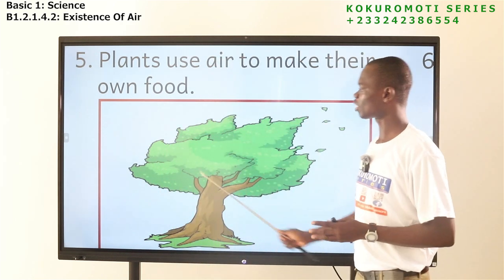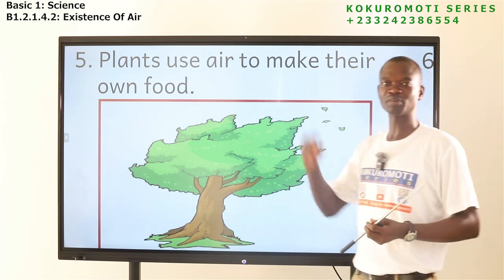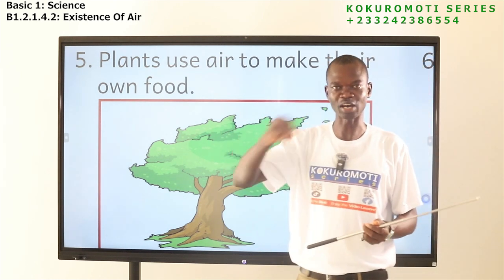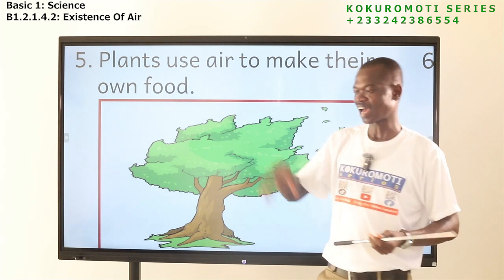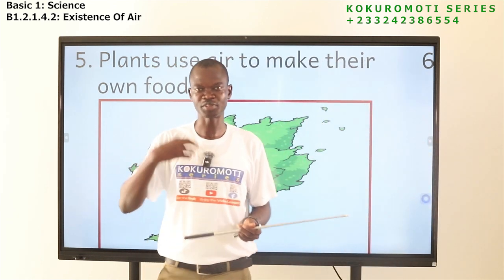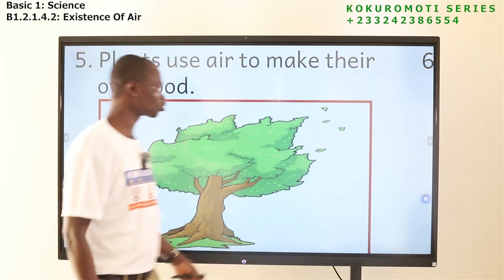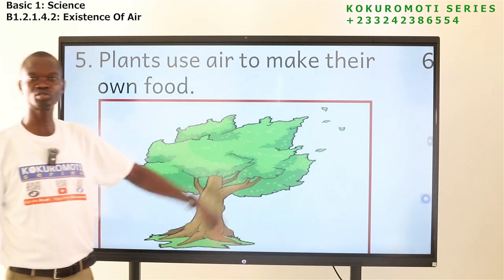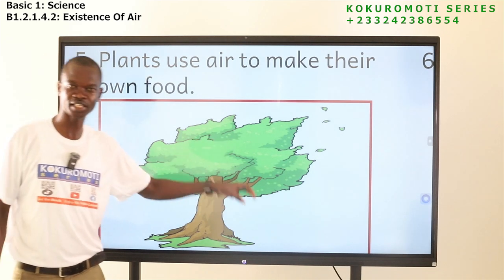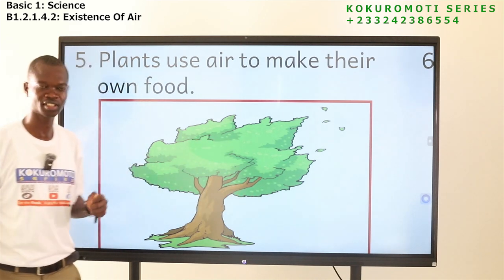You see, human beings go to the market to buy things to prepare our own food in our kitchen. Animals too, they come to us, the food that we prepare, we give them some. Some animals also go to the bush or go to places where we have plants and leaves, and then they go and what? Graze, or they go and chew these leaves.